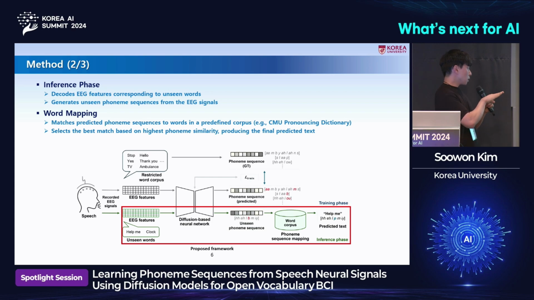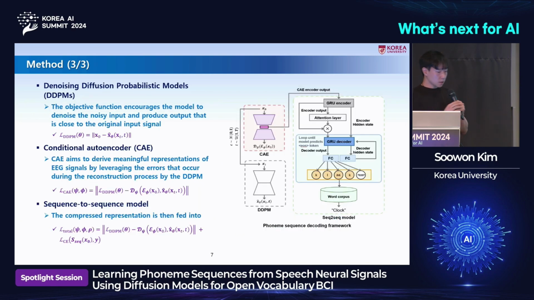The phoneme sequence is made, and then we used trie search to find the correct word using the CMU dictionary. This is a little bit detailed about how we used the model, but since we have time limitation, I'm just going to skip to the result.